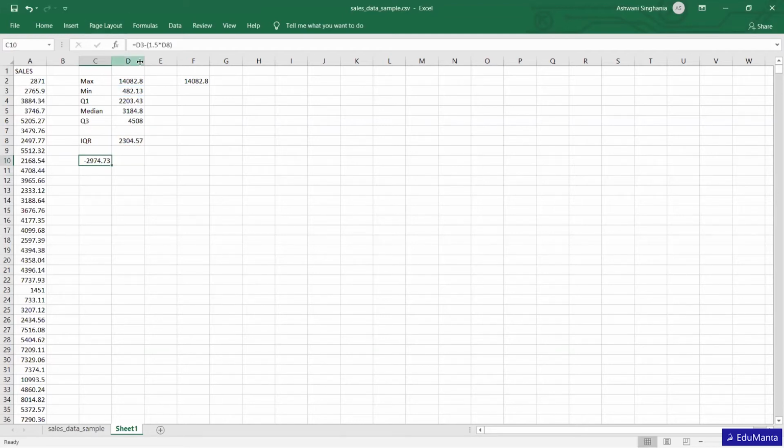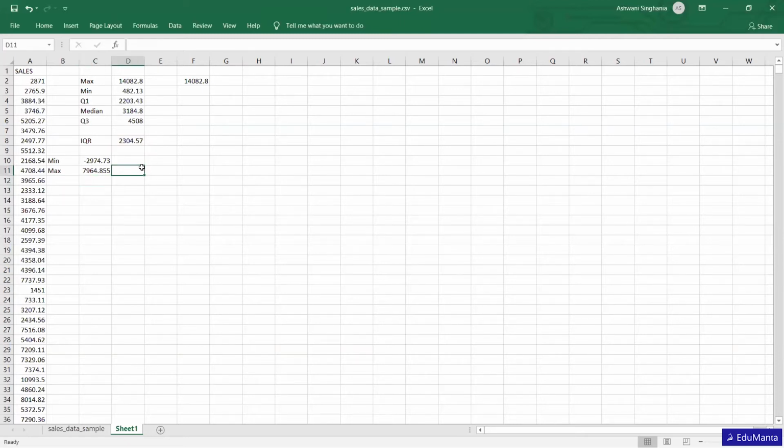This is for the minimum side of the whisker plot, and for the maximum side of the whisker plot it should be Q3 plus 1.5 multiplied by IQR. Okay, so this is on the maximum side.